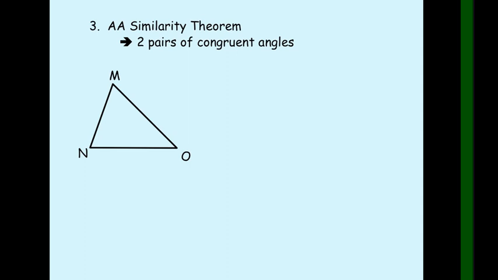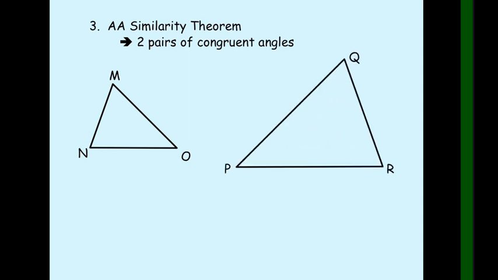So, we have a triangle MNO and triangle QRP. I'm sorry, QRP. Kasi ganito ko siyang binasa, no? MNO, so QRP. Now, we have 70 for angle N and angle R is 70.